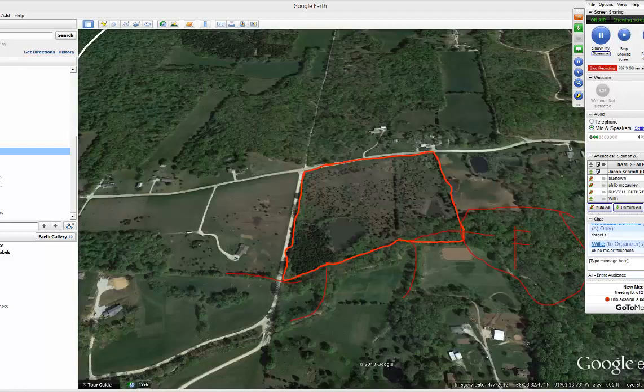Okay, so you're just listening on a computer. I just unmuted everybody by accident. Well, you can type.